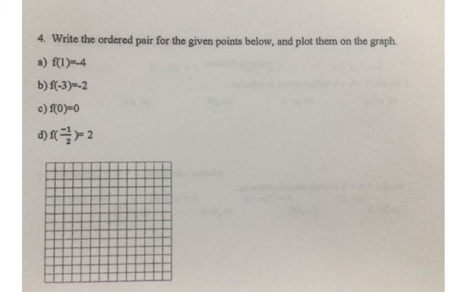So 1 was an input to the function. That's why it's in parentheses. I put in a 1 and I got out negative 4. So the ordered pair is an input of 1 and an output of negative 4. So that's my ordered pair.